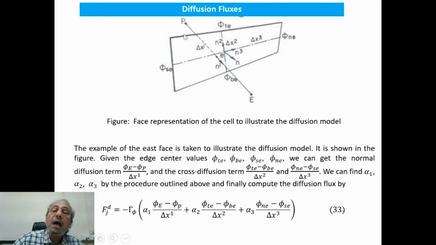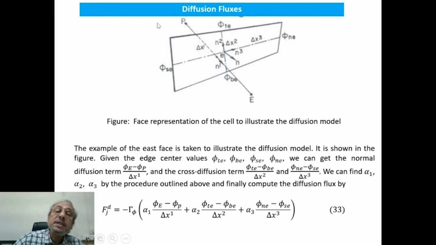The center of the face can be defined. The center of the cell is defined, but at the center of the edges, how is it to be calculated? We will see in this calculation, for example, phi TE.